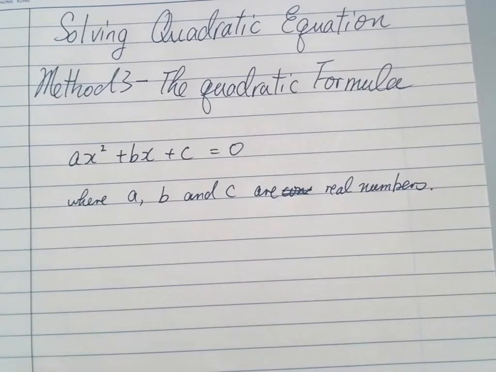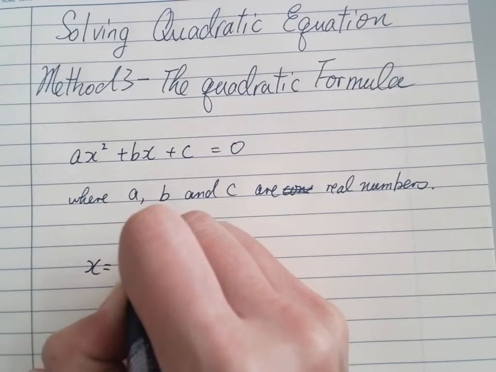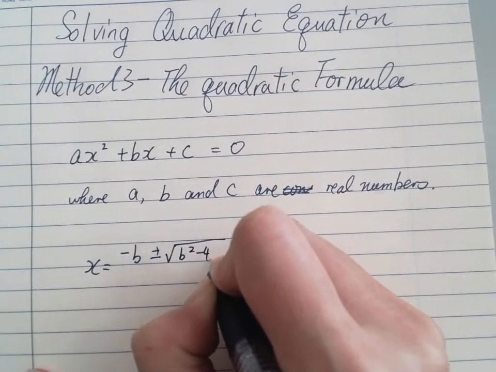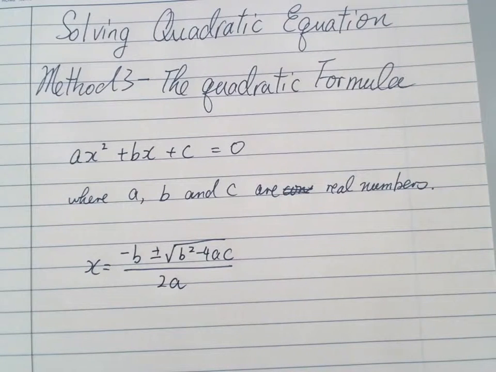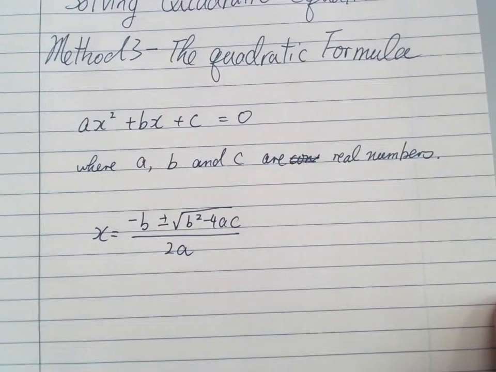Alright, I'll use real numbers then. Then the value of x could be calculated by the following formula. It's just that easy. So what we are going to do is that we'll just put in the numbers correctly.